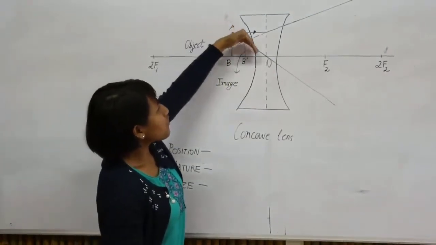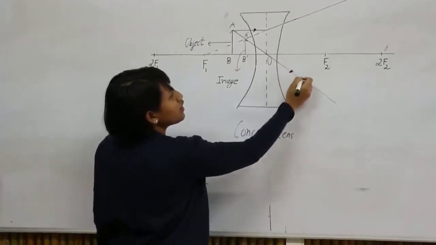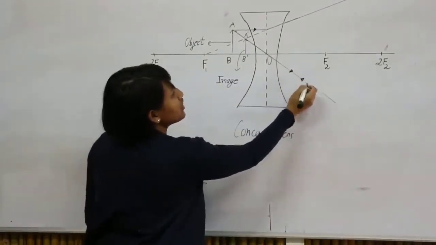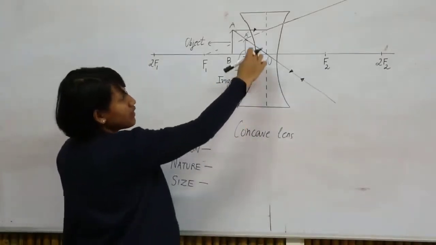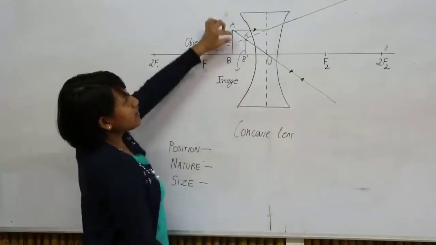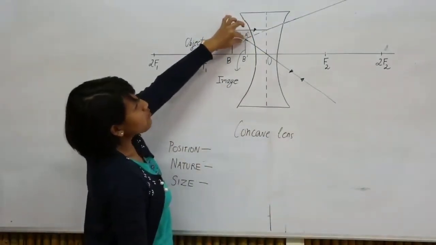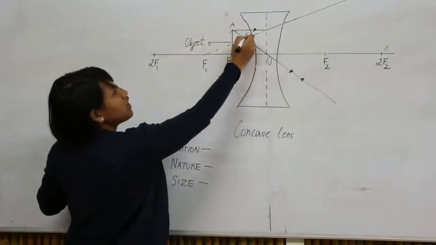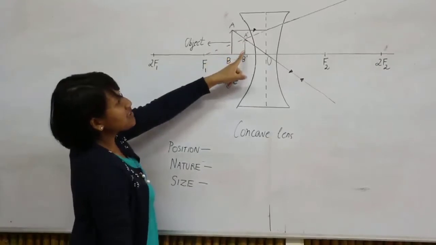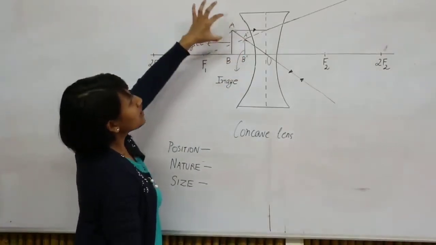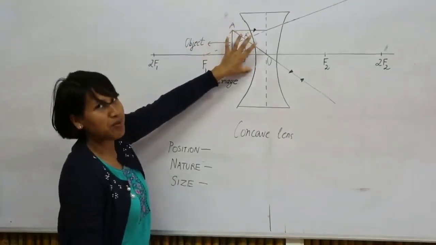Then the second ray of light passing through the optical center will suffer no refraction. Now the refracted rays meet at a point, and this point will give you the image of A. Then you extend this, and you will get the image of the object AB and mark it as A prime, B prime.